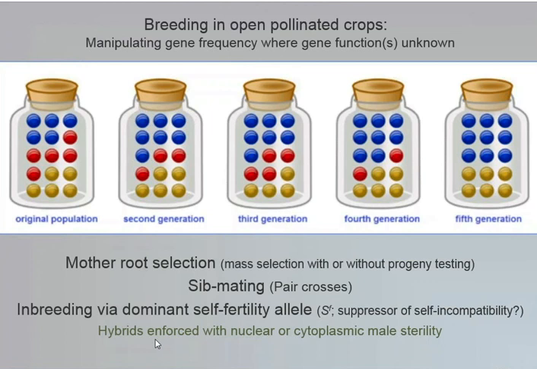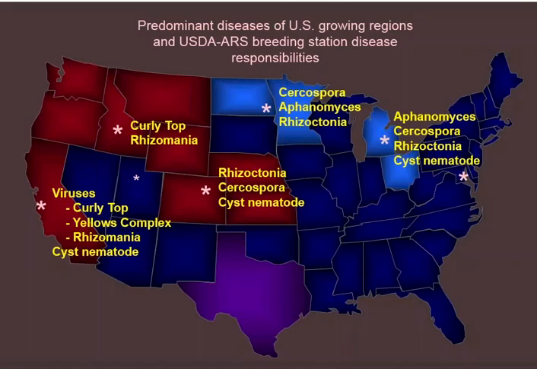But hybrids are enforced with the nuclear or cytoplasmic male sterility. So there's basically a degree of inbreeding power, okay, and certainly your greatest inbreeding is going to happen when you self-pollinate.